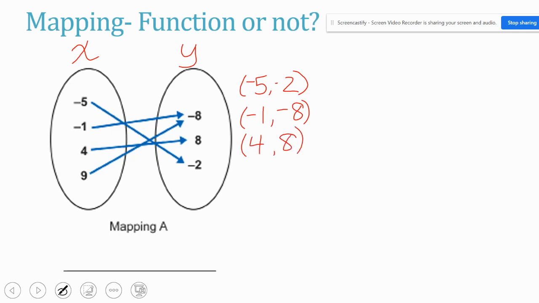So I'm just writing these ordered pairs here. Okay, so you can see we had this -1 and this 9 both go to -8, but that just means that the y value is repeating. You can see here that none of the x values are repeating, so then that makes this a function. So when in doubt, write these as ordered pairs to help you.